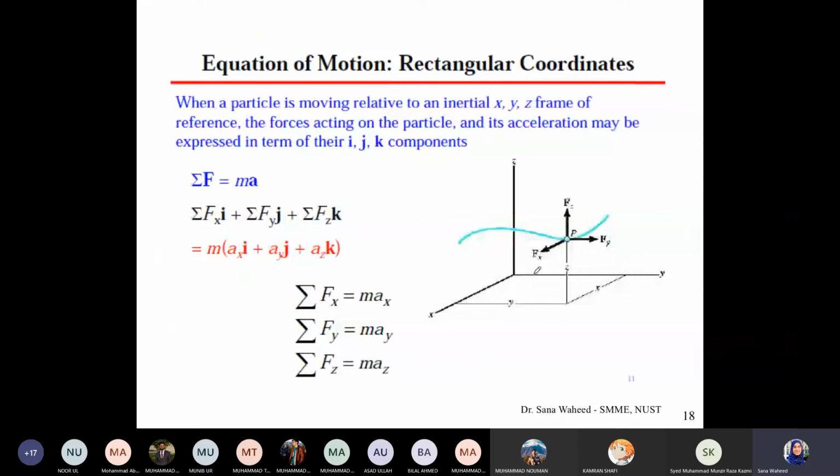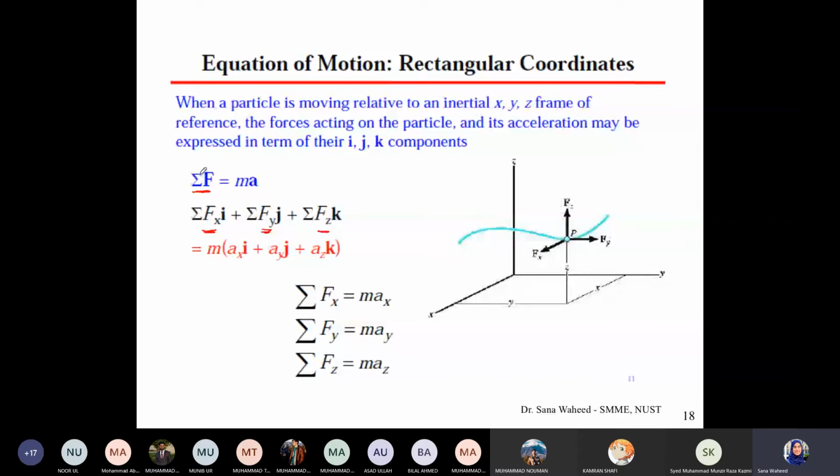Now, if I'm using my rectangular coordinates, then of course I'm talking about my Cartesian frame of reference, so x, y, z coordinate system. Then that means that each of my forces that are acting on the particle will have x components, y components, and z components.